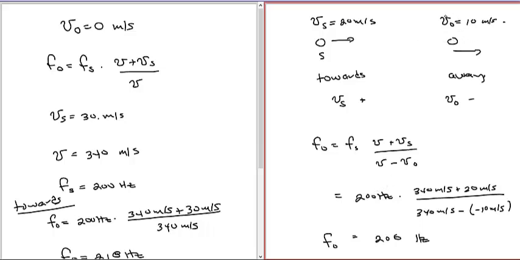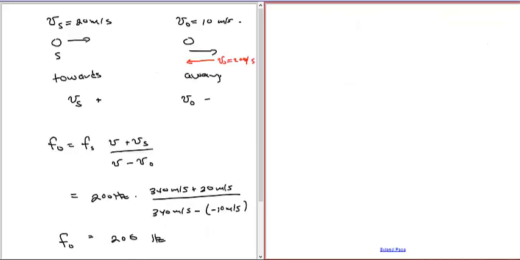Now if you go the other direction, let's say they're both moving towards each other, relatively speaking. So if this were going this way instead, let's say the velocity of the observer is 20 meters per second. So in that case, the frequency that the observer hears, you get kind of a double dose. You get some increase because this one's moving towards this one, and that one's going the other way. So you'd have 200 hertz times 340 meters per second plus 20 meters per second.